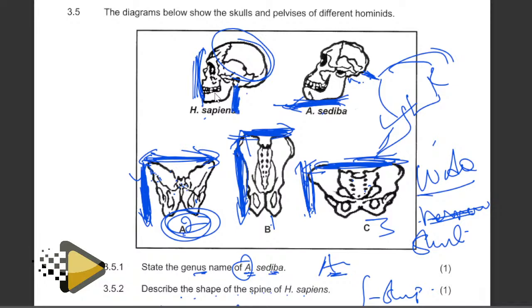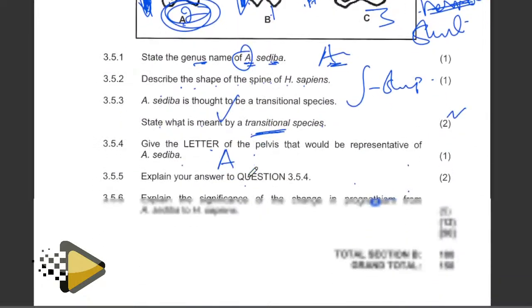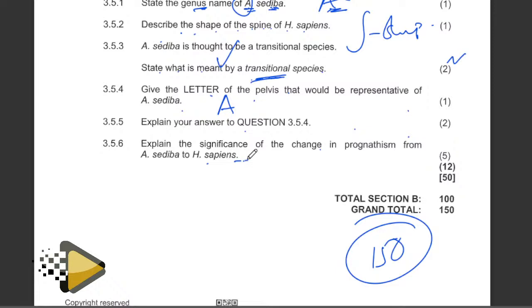And then number two, you can talk about how it makes the position of the foramen magnum move a little bit forward, so that it can allow the organism to walk on two hind limbs, or allow bipedalism to take place, so that now the organism can walk faster. So basically it brings about a change from a sloped face to a flat face. So that's what you are supposed to explain there. Guys, I hope you got it.